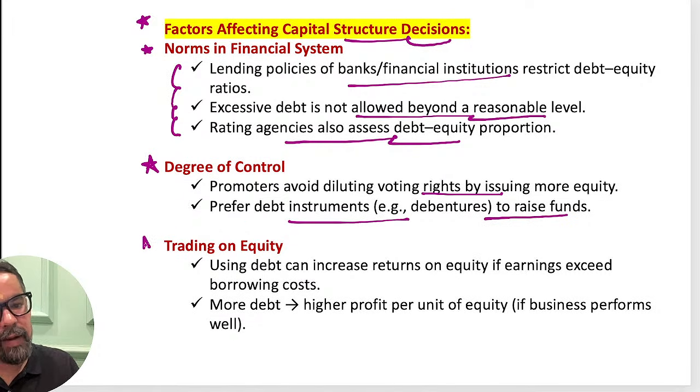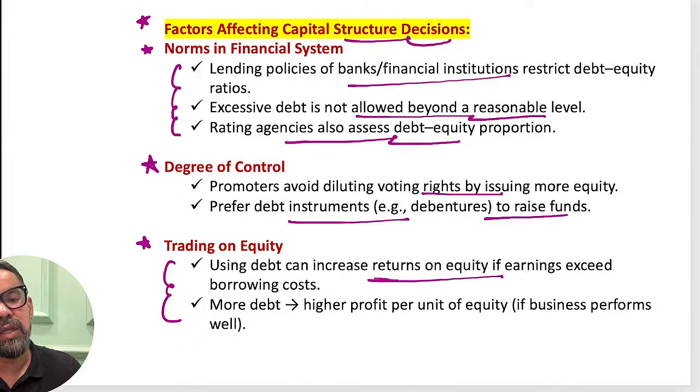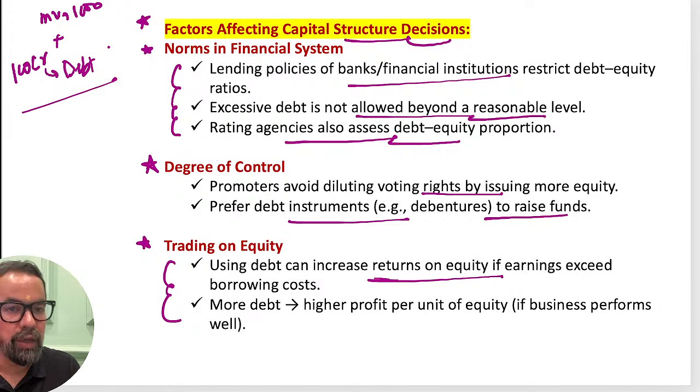Then we have trading on equity. Trading on equity means we are issuing debt, and with that debt we are increasing the return on equity. Suppose we have taken 100 crore rupees of debt; earlier a company's market value was 1000 crores, plus after you have added a debt of 100 crores, now it will become 1100 crores, and the share value will automatically increase.